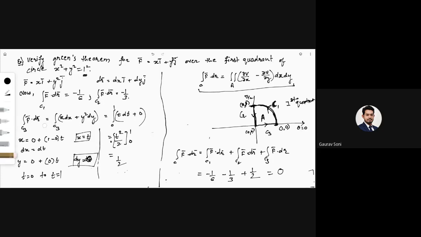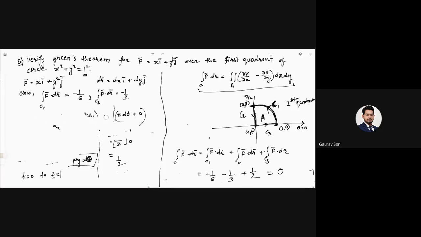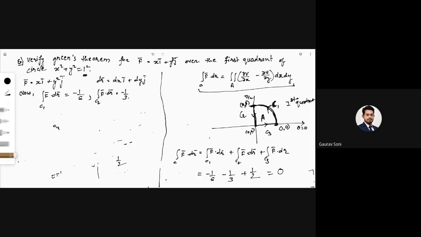Once we are done with all this, now let's go to the third one. As we have found the line integral, to verify Green's theorem we need to find the double integral. The line integral over C of f bar dot dr bar we have found, and it is 0.